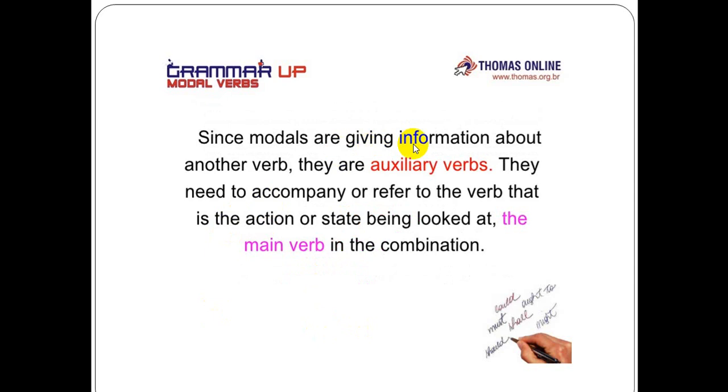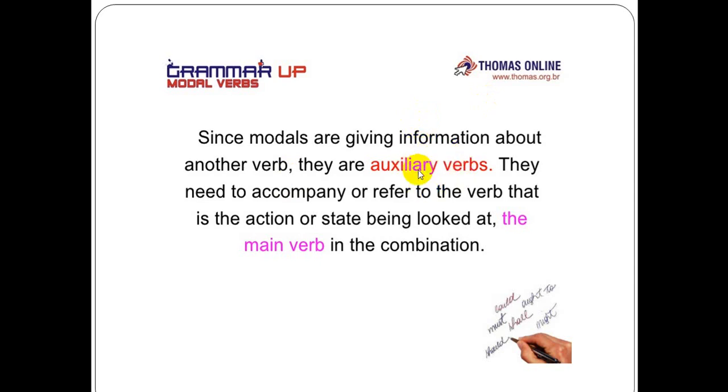Since modals are giving information about another verb, the main verb in the sentence, they are auxiliary verbs or helping verbs.